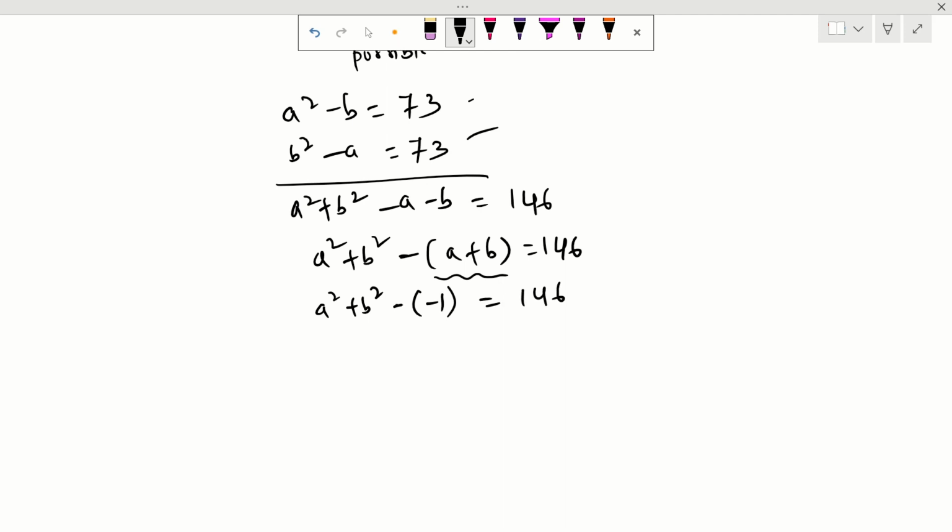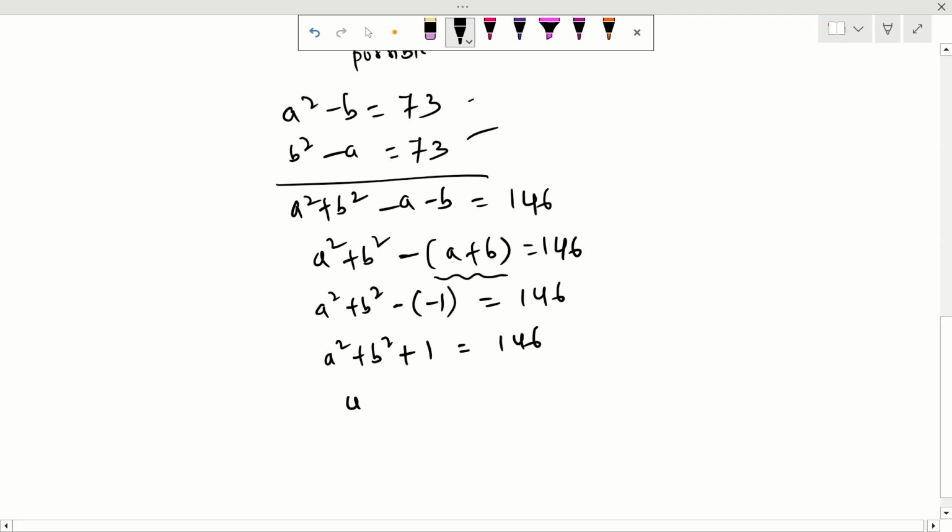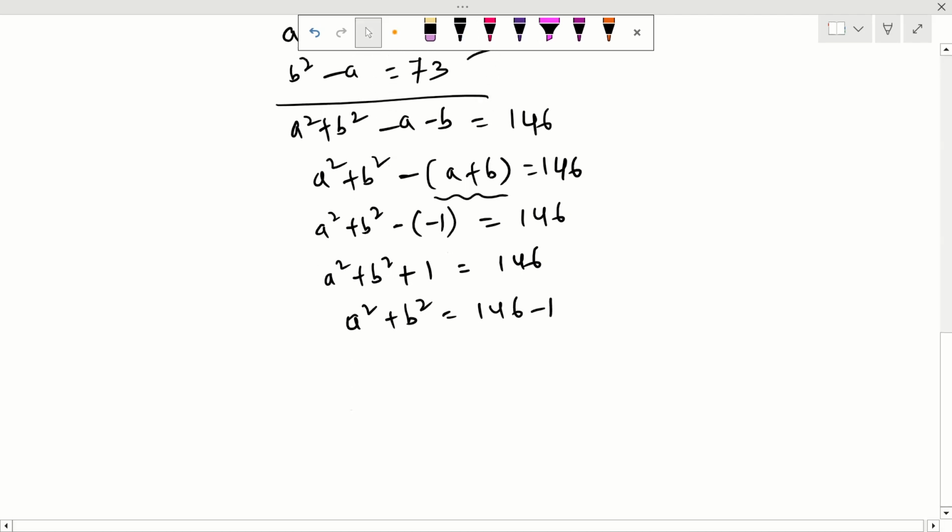Minus of minus is positive, so A square plus B square plus 1 is equal to 146. Taking this plus 1 to the other side, A square plus B square is equal to 146 minus 1, so A square plus B square is equal to 145.